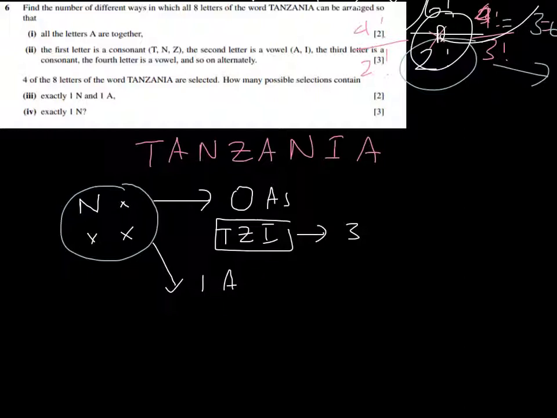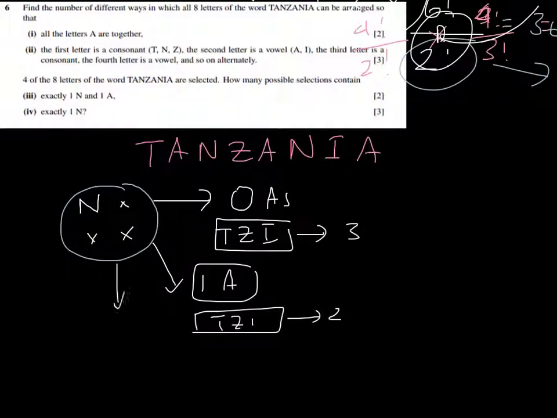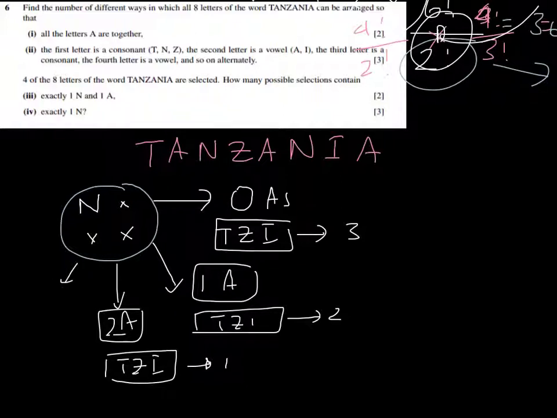I can have 1 A, which means then I'm only selecting 2 from T, Z, or I. I could have 2 A's, in which case then I'm only selecting 1 from T, Z, or I, or I could have 3 A's in my group, in which case I am selecting nothing from T, Z, or I. Okay, 0.